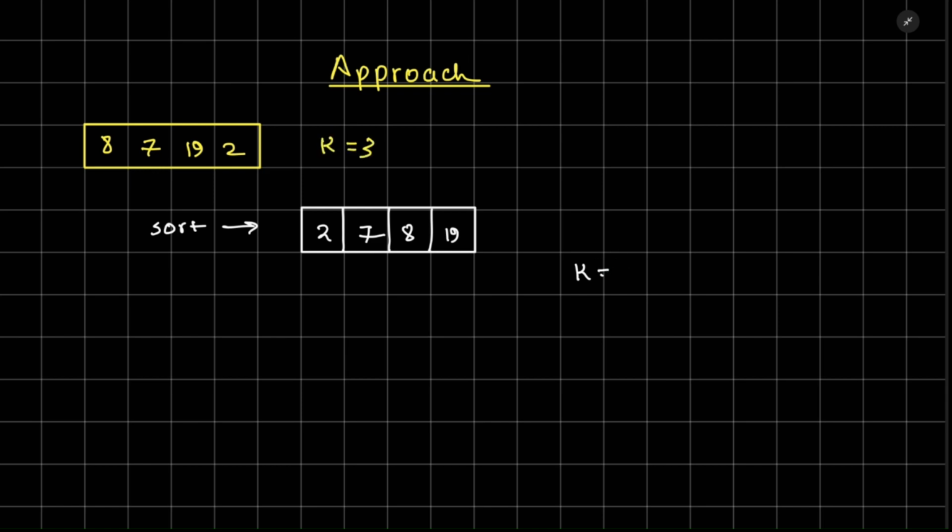So for k equal to 1, we select the maximum element 19. Now logically we would have to decrement all of these elements by 1, but that would cost us another O of n time.